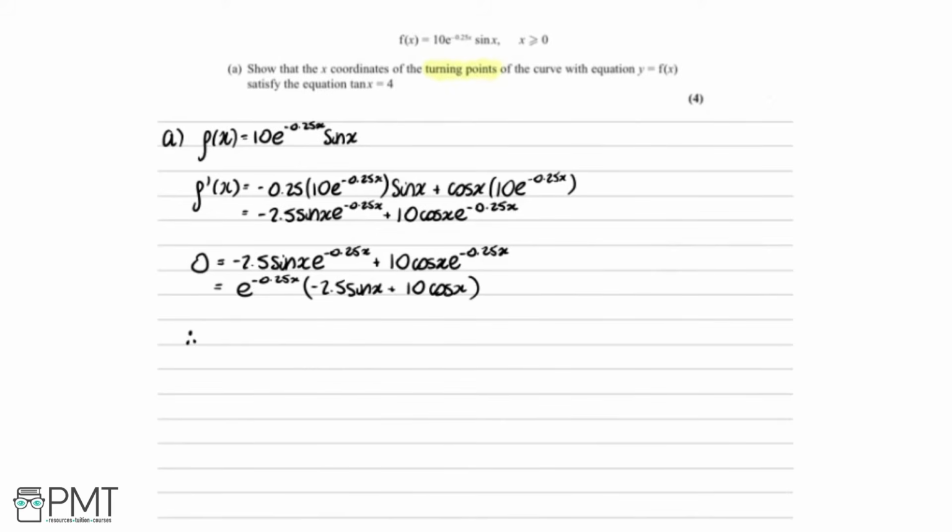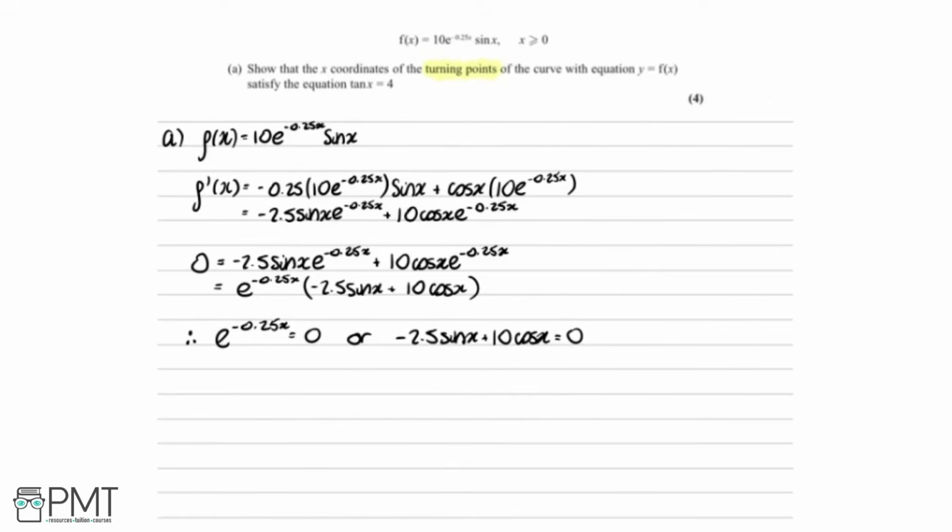So therefore, we know that e to the minus 0.25x equals 0, or minus 2.5 sine x plus 10 cos x equals 0.